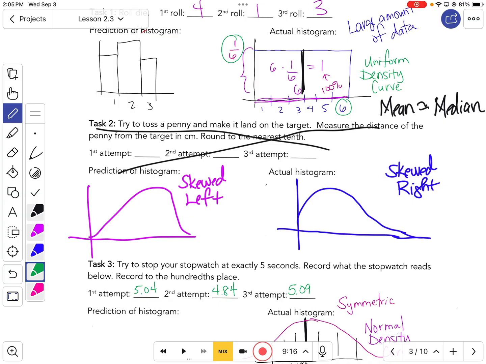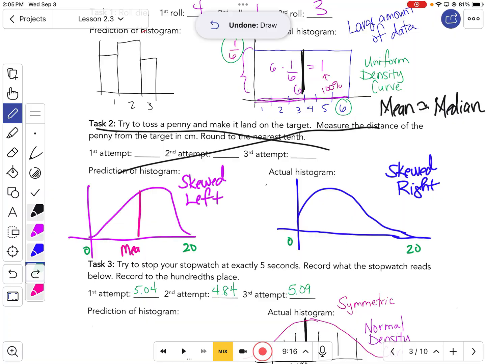Now, if we're thinking about numbers, let's say we're going 0 to 20 on both of those. Looking at those numbers on the bottom, when we have one that is skewed to the left, the mean is going to come first. Oh, look, I lied, my median.